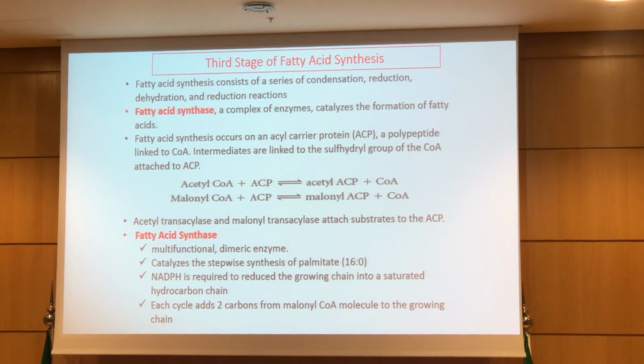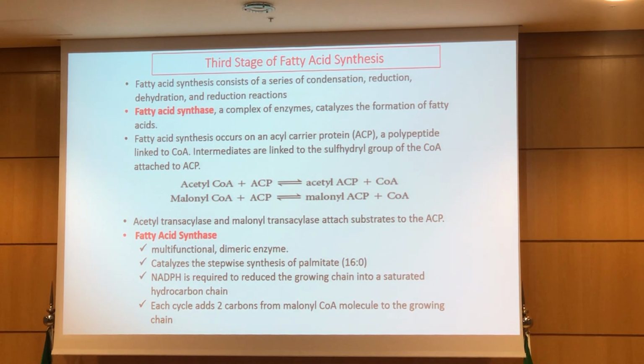It's called acyl carrier protein because I cannot carry out any chemical reactions on acetyl alone or malonyl alone. It's got to be attached to my friend ACP, acyl carrier protein. So now I attach those. So ACP acetyl, ACP malonyl. Now I am ready.